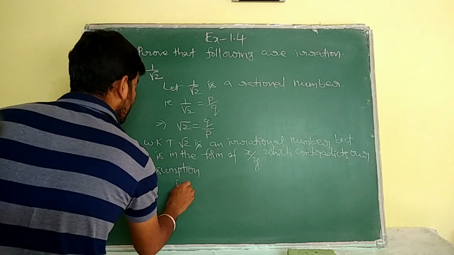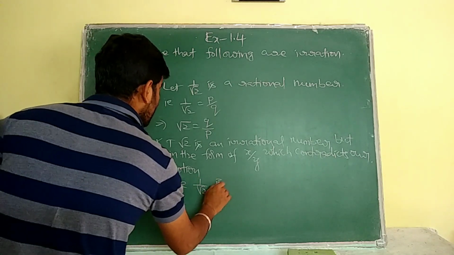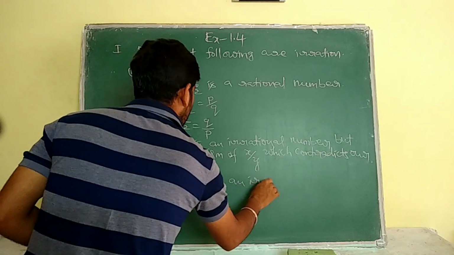That is, 1 by root 2 is an irrational number.